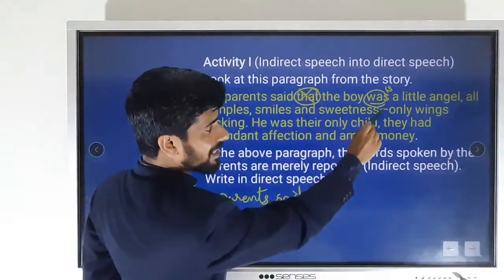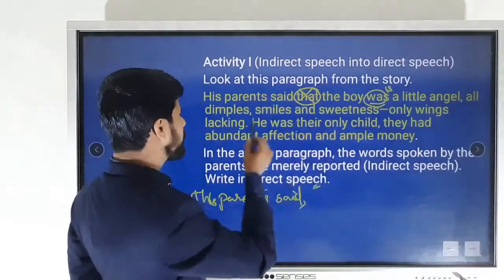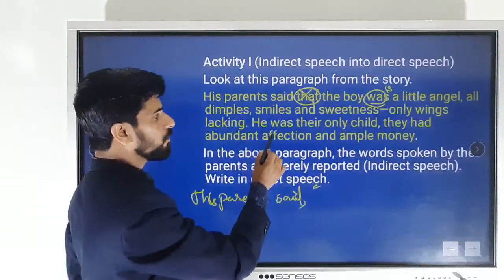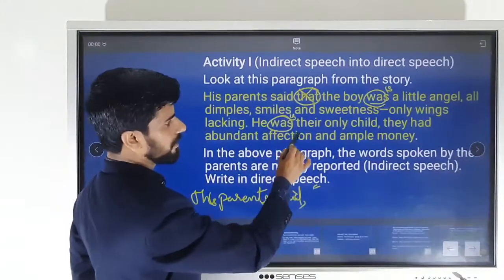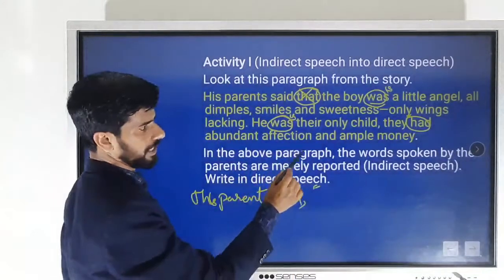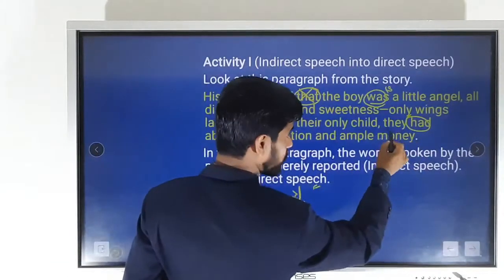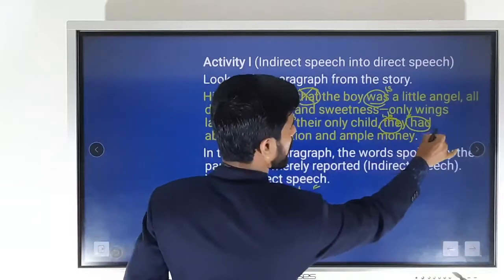The boy is a little angel, all dimples, smiles, and sweetness, only wings lacking. There are no more changes. He was their only child. Instead of "was," write "is." He is their only child. They had abundant affection and ample money. "They have." Instead of "they," you can write "we." Parents say, "We have."